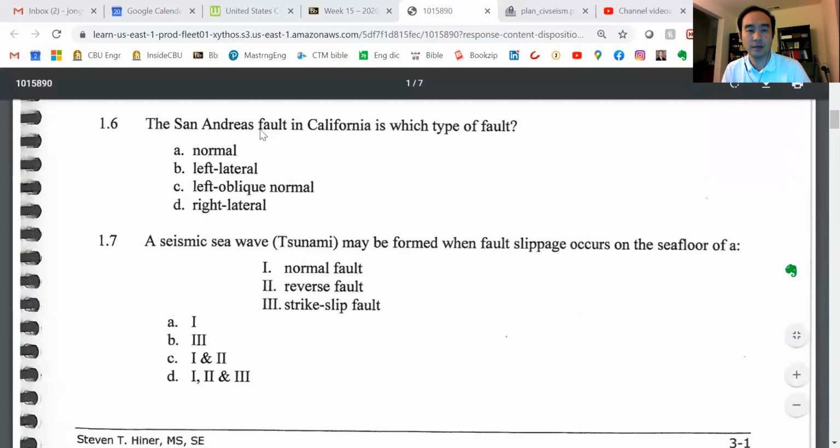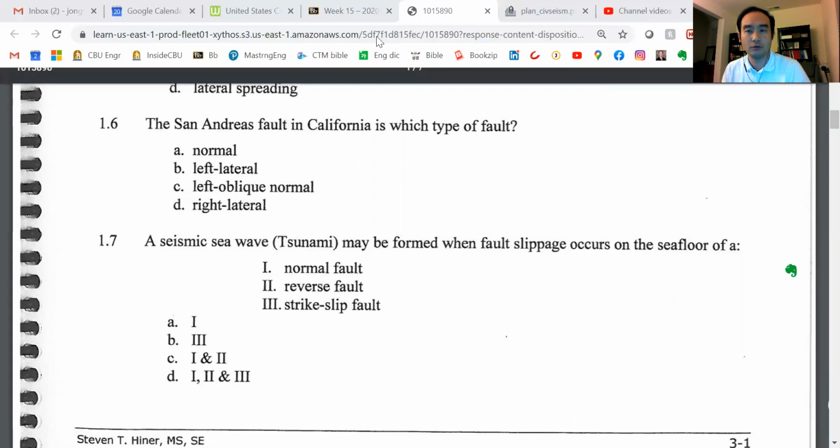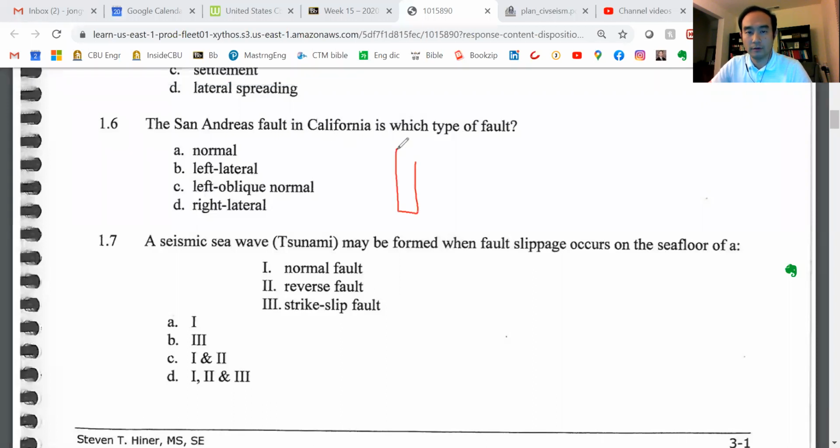San Andreas Fault in California is which type of fault? It's just kind of a fact. It's right lateral. When we think about these two plates, here we have the Pacific plate, and this is the North American plate, and these two plates are moving this way.